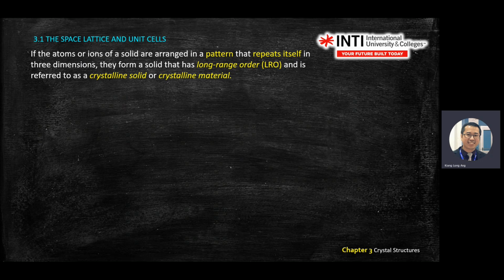So there is an arrangement pattern, and they have long range order, meaning they are able to repeat over a very long distance. When they repeat very long, you see the same similar shape already. For example, you have a cube-shaped crystal cell. When this pattern repeats over a long range, you'll see a rectangular shape crystal.